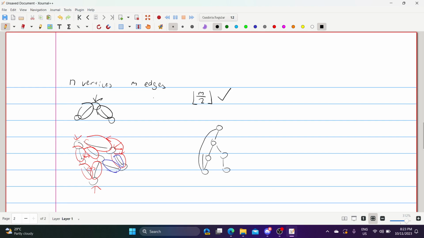And I think there might be multi-edges also. So first, we will handle the multi-edge. So if there are multi-edges, it's very easy to handle, because let's say there are 3 of the same edge. Then we can just pair 2 of them together, then we have 1 edge remaining.